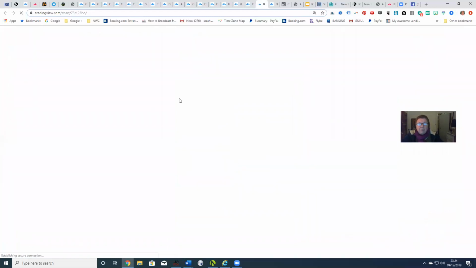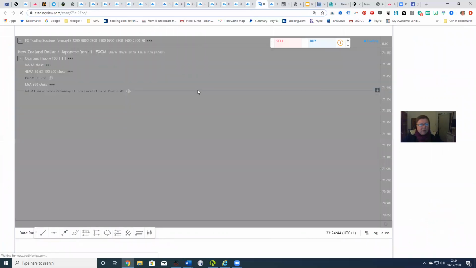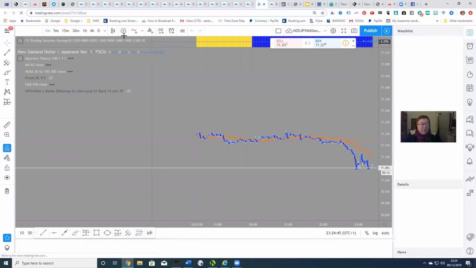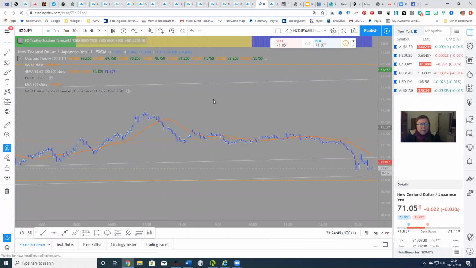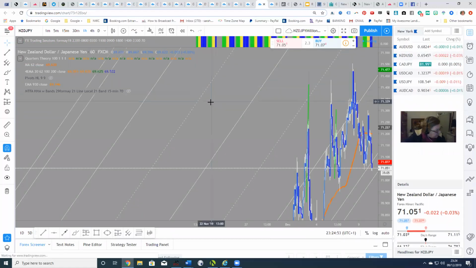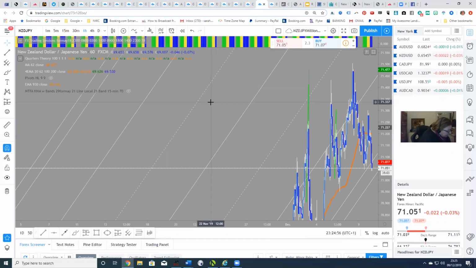So I'm not sure how often I trade this one, whether I've got anything on this, because it's not one that I usually trade. I have got some scans on it, I see. Maybe I do trade it, I can't remember. I haven't traded it for a while. Yeah, I do trade it.